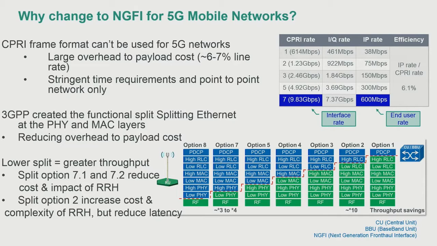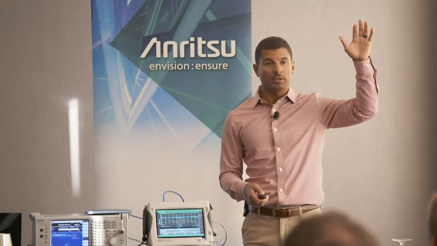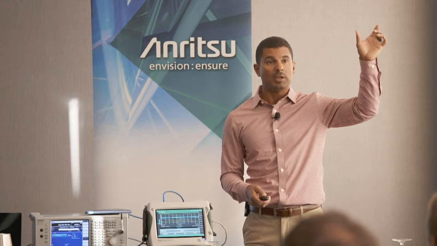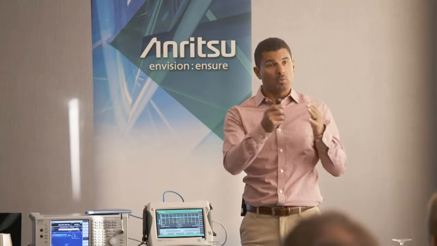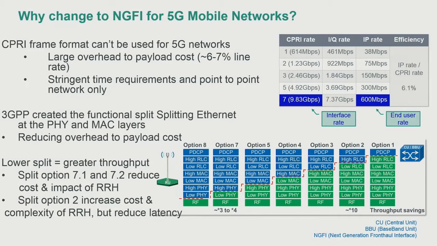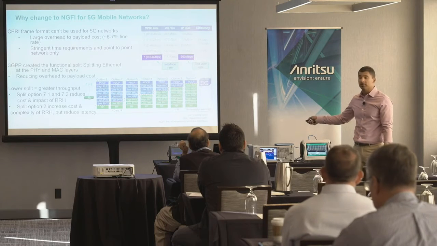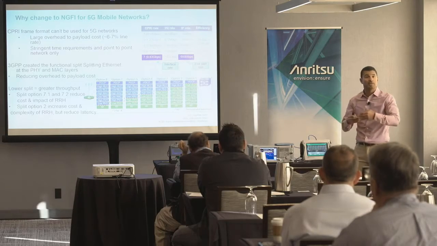What you're seeing lately is that in the 5G radios being introduced, they're putting a lot more emphasis on processing more in the radio, either through eCPRI or by terminating the radio signal at the radio, and then putting the rest of the IP data over the backhaul to the baseband unit. What does that mean? In higher options here, more is being done in the radio and less is being done in the BBU, which gives you 10 times greater throughput savings than CPRI. Why? Because that RF data is being processed at the radio, not at the BBU.